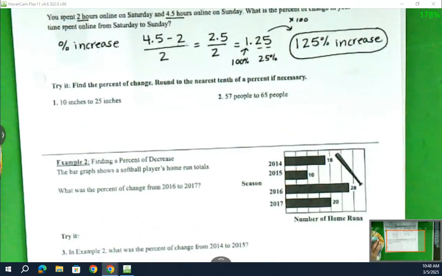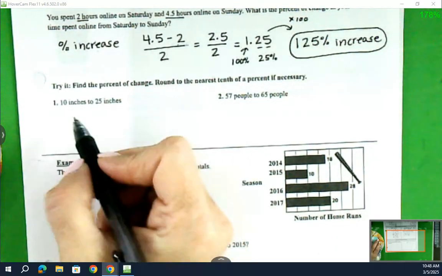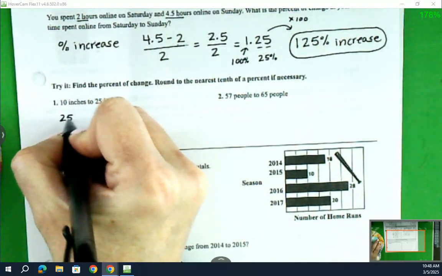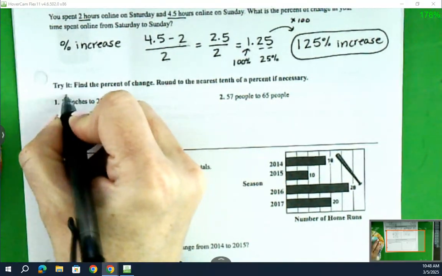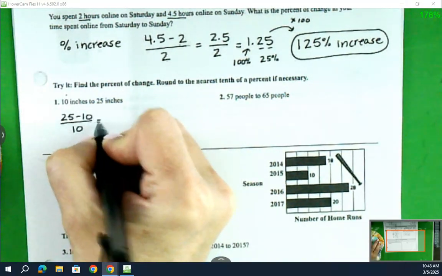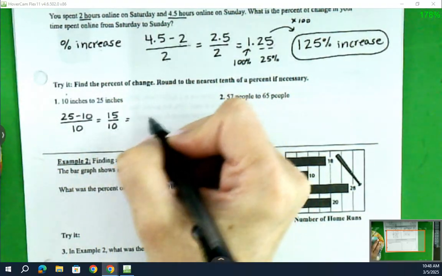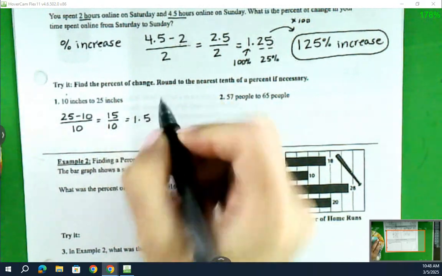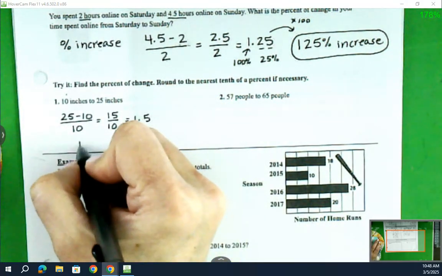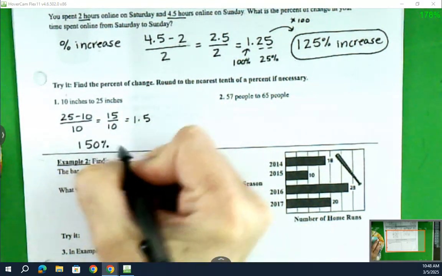Okay, let's see how we did on number 1 here. Our maximum minus our minimum is 25 minus 10 over our original 10, which then gives us 15 over 10, which works out to be 1.5. Our numbers went up, so we have 150% increase.